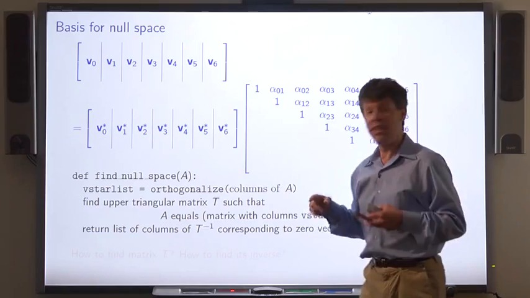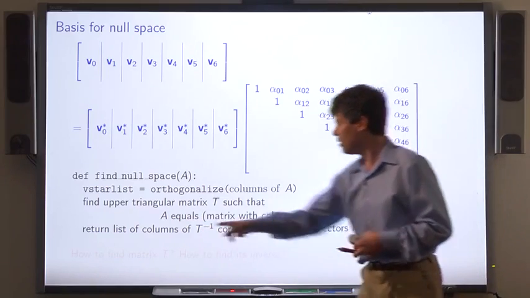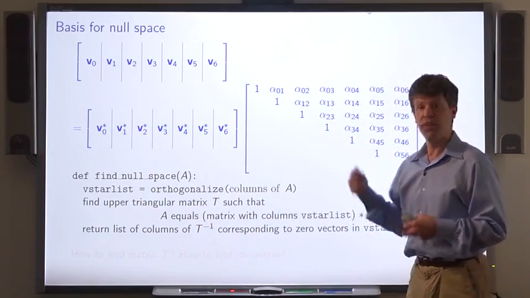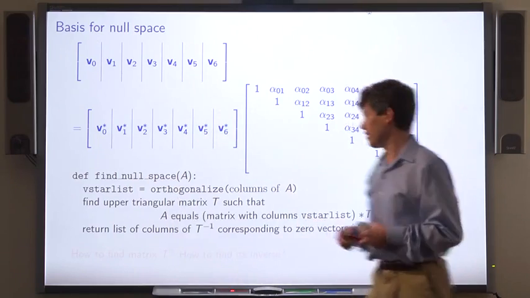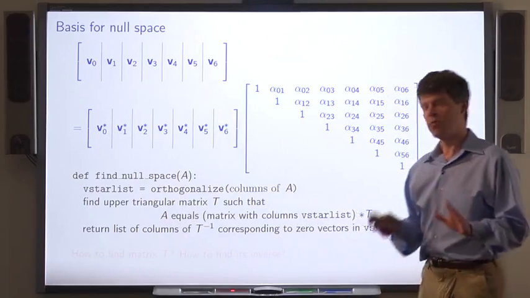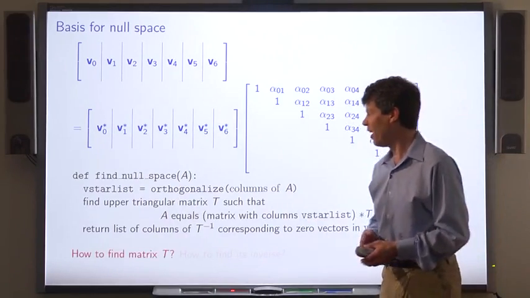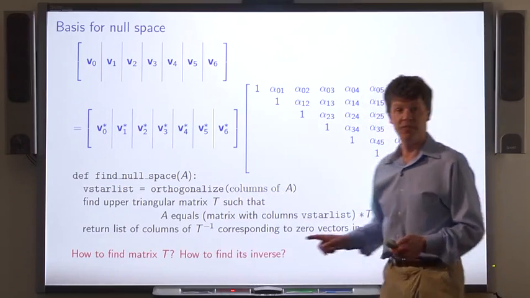Then we take the inverse of the triangular matrix and return exactly those columns of the inverse that correspond to the zero vectors among the output vectors of orthogonalize. So this algorithm raises two questions: how to find this triangular matrix T and how to find its inverse.